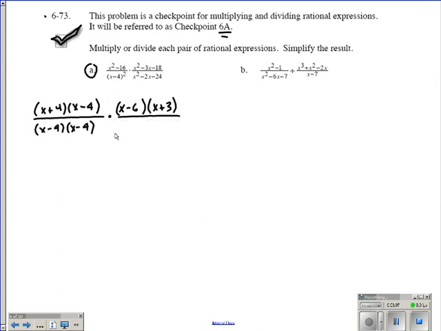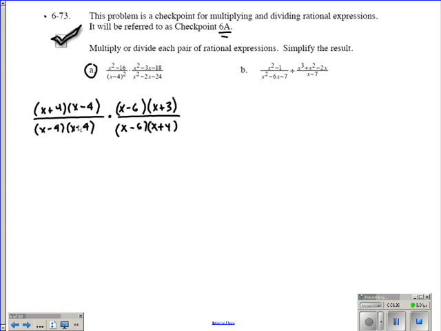That was wrong. We got x and x. Factors of negative 24 that differ by 2 are 6 and 4. I don't know what I was thinking there. So minus 6 and plus 4. There we go. I feel better about that.